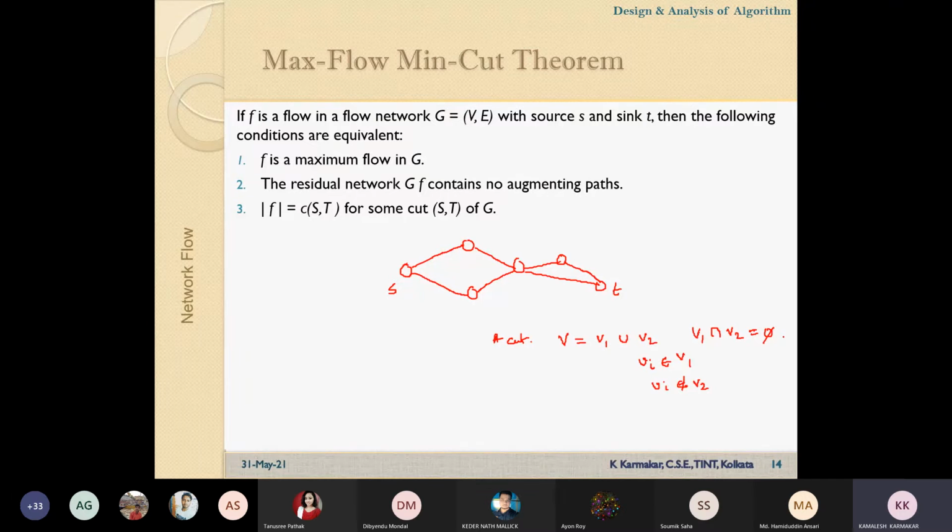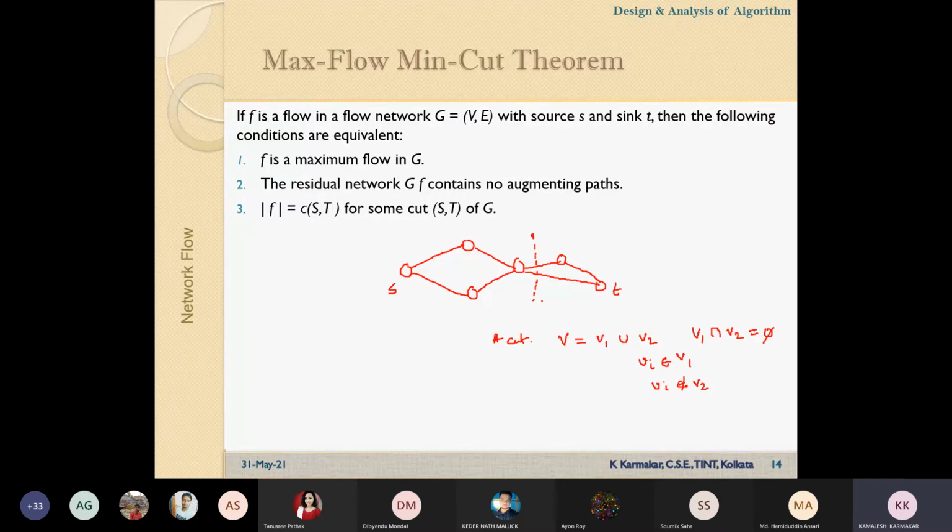Okay, how will it be partitioned? We'll cut the edges in such a way that it is divided into two partitions. So you have to cut the graph in that way. What can be a cut? A cut can be like this one. So this is a cut.